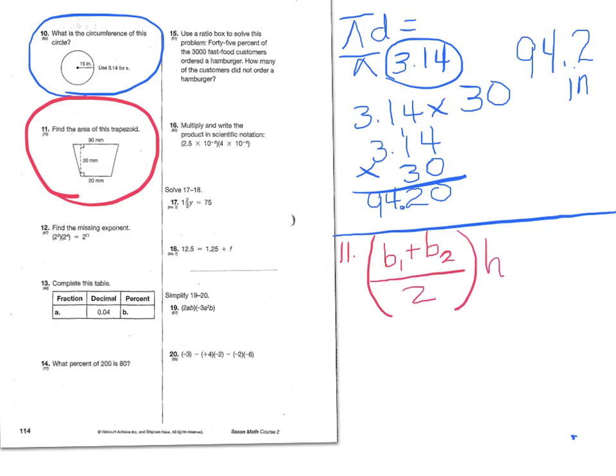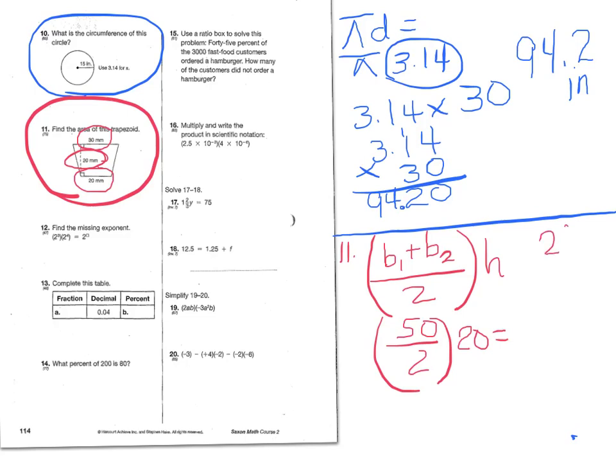It makes no difference which one you call base 1 and which one you call base 2. Base 1 can be 30, base 2 could be 20. 30 plus 20 is 50. Divide that by 2, and then multiply it times the height, which looks like it is 20. So you have 50 divided by 2, which is 25, times 20.